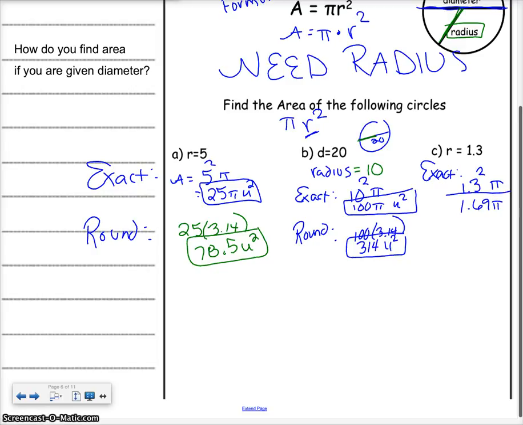And that is my exact square units. And my rounded would be to use 3.14. So 1.69 times 3.14 is 5.3 rounded. 5.31 squared units.